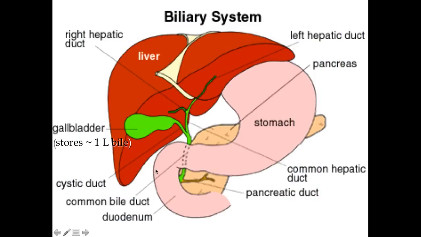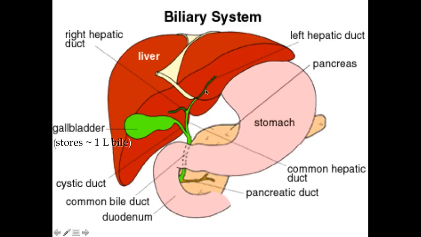Now we're going to look at the biliary system, the one that I just showed you from a different angle. And now we will look back at the organ, which is the liver and the gallbladder. Your liver has a few lobes, the left and the right, and then you have the hepatic duct. Remember I was talking about the canaliculi emptying into the biliary tree.